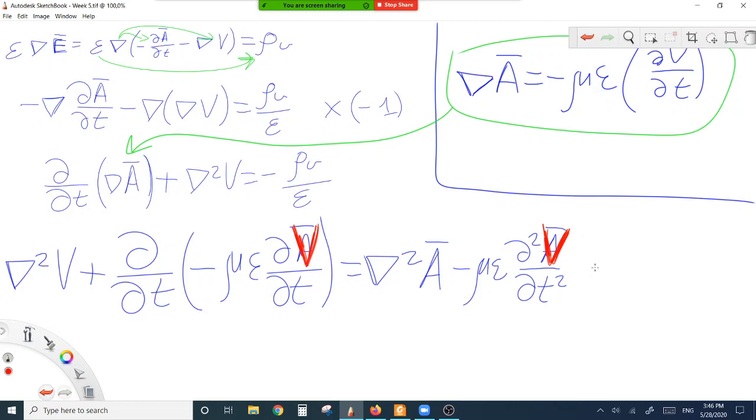Okay, great. And all this is equal to minus rho V over epsilon.